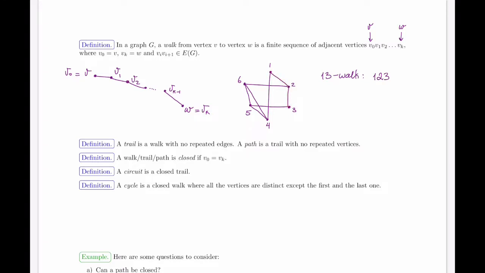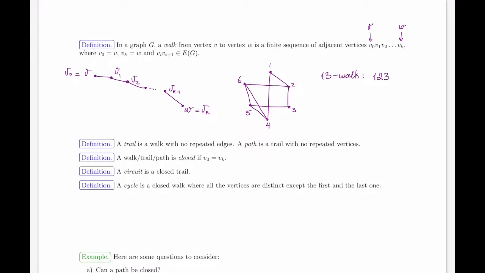Perfect. But nowhere in this definition does it say that the walk cannot repeat any vertices or any edges. So I don't have to take the most direct route. I can go for a nice little stroll of a walk.